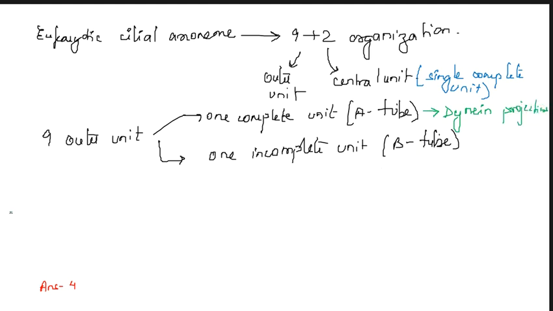And these dynein arms are of two types. What are the two types? One is outer, three-headed, and another is inner. The outer is three-headed and the inner is two-headed.